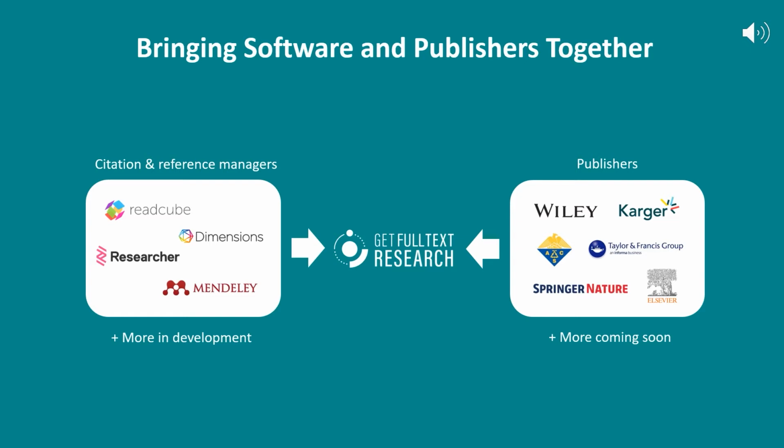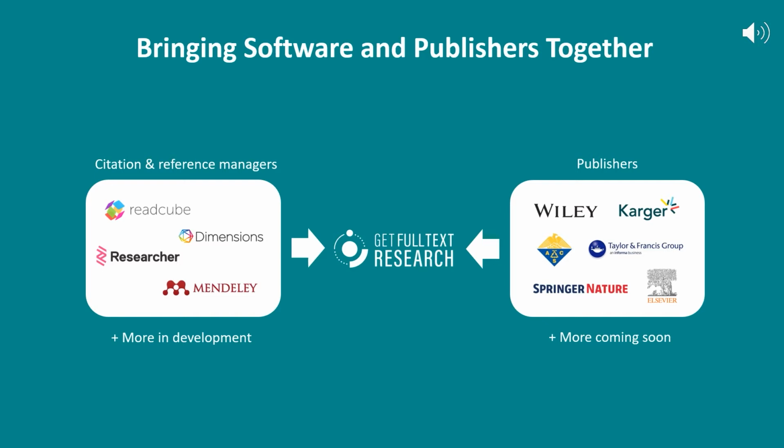So you can imagine that this could be in reference managers, it could be in citation networks, it could be in discovery services, scientific collaboration networks, etc. At the moment, we have GetFTR integrated with two properties from Digital Science, from ReadCube and Dimensions. We also have the Researcher app working with us, and we have Mendeley working with us as well. There are many other software providers that are in development too.